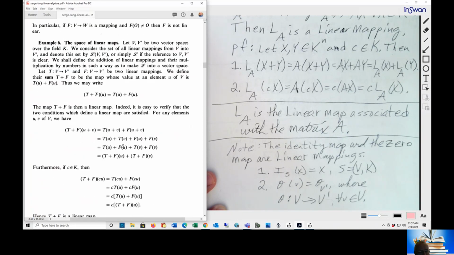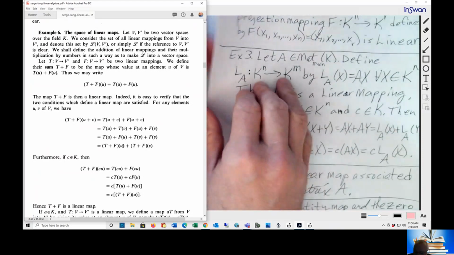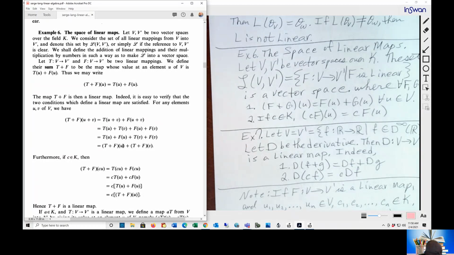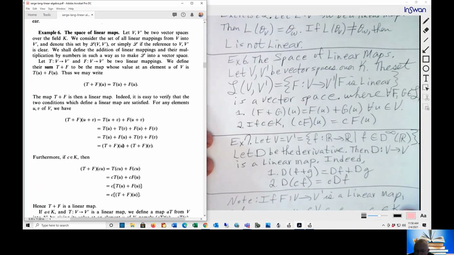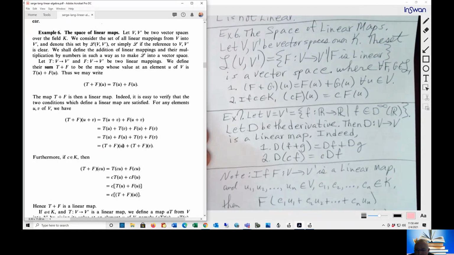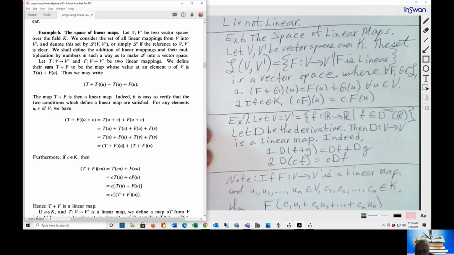Okay? Now next, we're going to define the vector space of linear mappings. So in higher mathematics, we're always generalizing ideas and making them more and more abstract. So example 6 is the space of linear mappings.